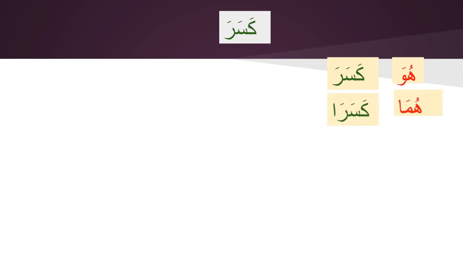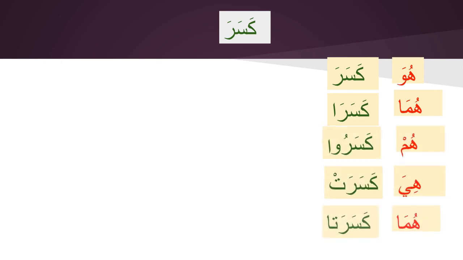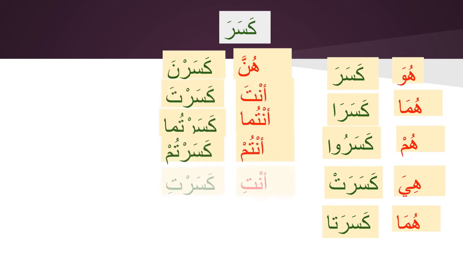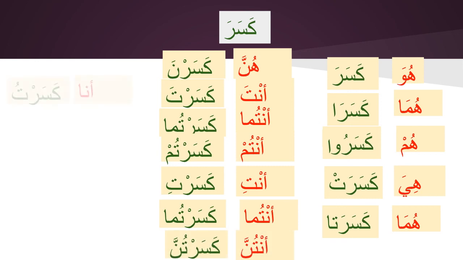Huma kasara, hum kasaru, hiya kasarat, huma kasarata. Now we know hunna, then things change. We get kasarna, and from here fi'l madi is quite easy. From hunna it will be ta, tuma, tum, ti, tuma, tunna, tu, na. So it will be kasarta, kasartuma, kasartum, kasarti, kasartuma, kasartunna, kasartu, kasarna.